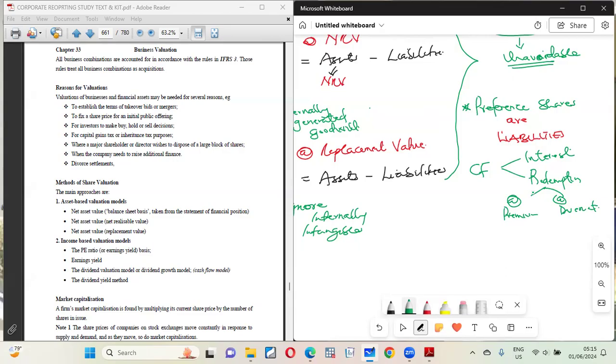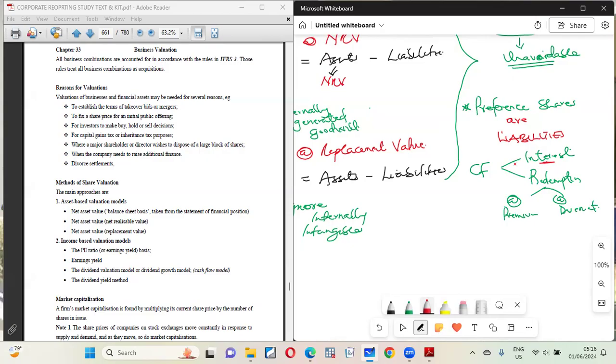Now, that said, where can I find this interest inside the financial statement? That is where the issue of redeemable preference shares and irredeemable preference shares comes in.